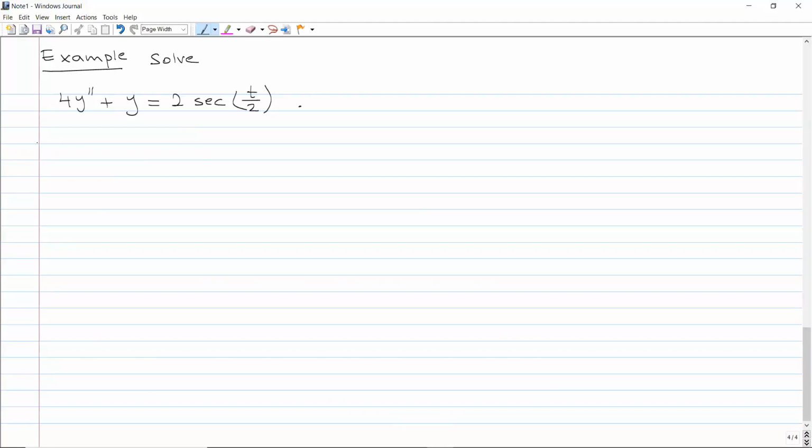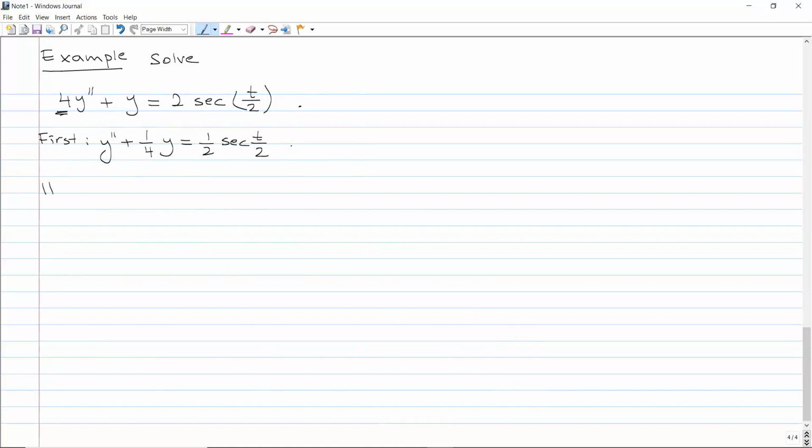So the first thing is to write it in the standard form. We divide by the coefficient 4 because we always start with the highest derivative of y alone. So y double prime plus 1/4 y equals 1/2 secant t over 2.